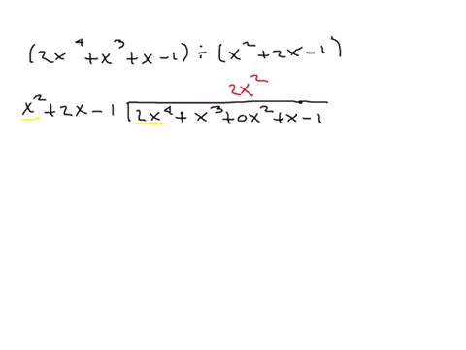And again, check yours versus mine. Make sure you agree. 2x squared times x squared should equal the first term in our problem. Okay, next we're going to take that 2x squared and multiply it to each of the terms in the divisor. So why don't you do that, please?